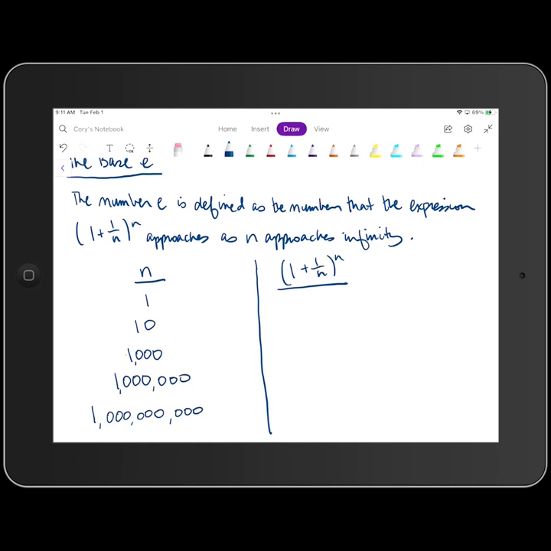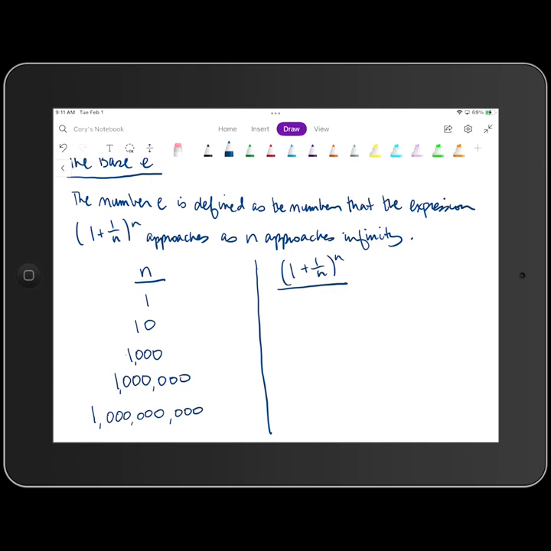So the first column is for values of n, and the second column is for values of 1 plus 1 over n raised to the n power. Okay, now I'm going to have you guys complete this on your calculator, and then I want you to round the results to 6 decimal places.